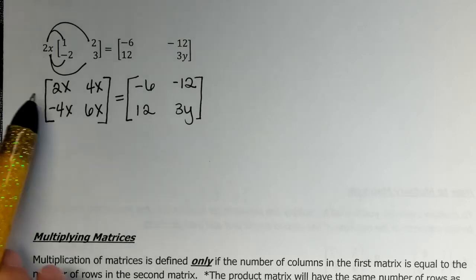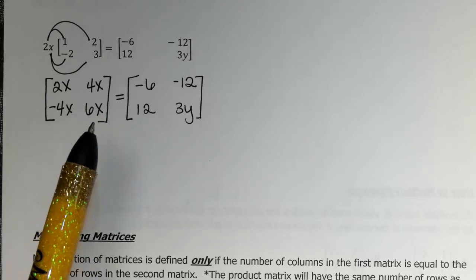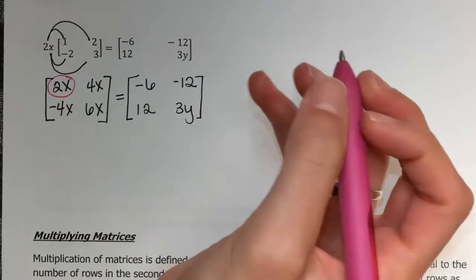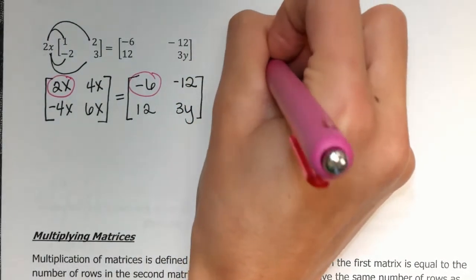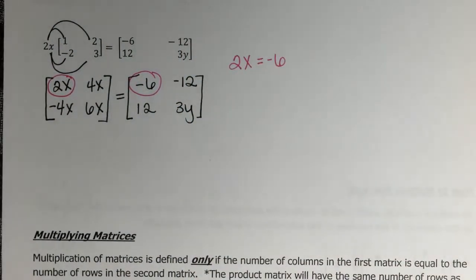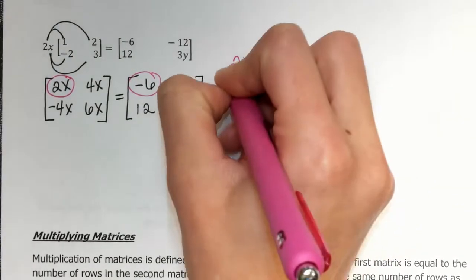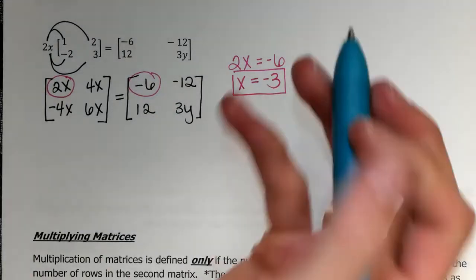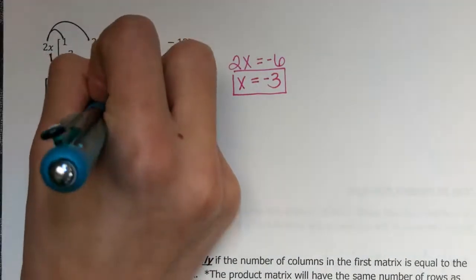So I have an x in all 4 elements of my first matrix. Pick one. I'm going to pick the first one. So I'm going to set 2x equal to negative 6. Divide by 2, and x is equal to negative 3. Now I'll find my y. My y is second row, second column of my second matrix. So that is equivalent to 6x.